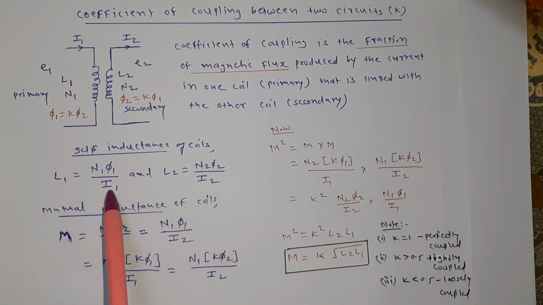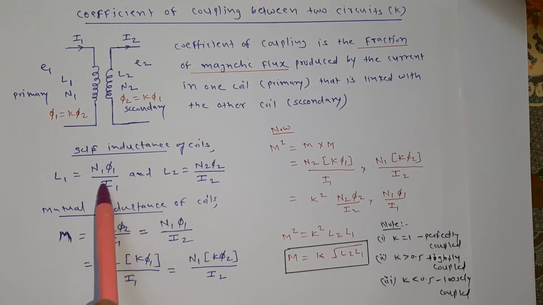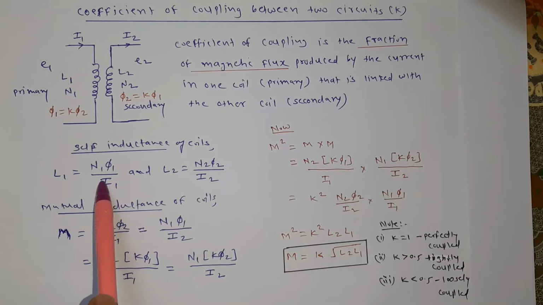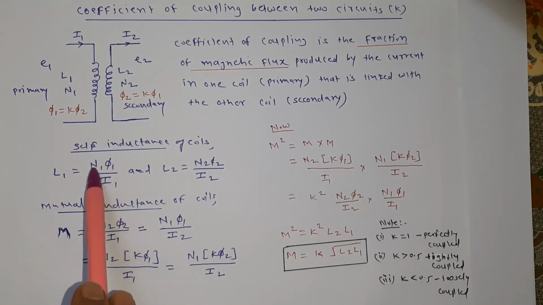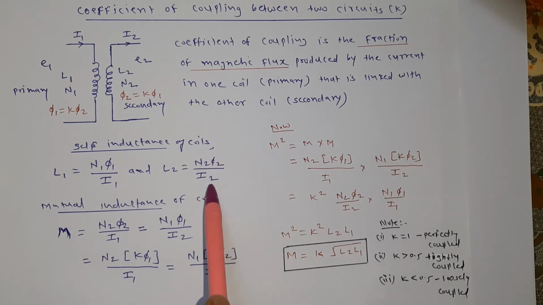Self-inductance is the EMF induced in the same coil due to change in current in the same coil. That is our self-inductance. So N1 flux 1 upon I1, secondary के लिए N2 flux 2 upon I2.